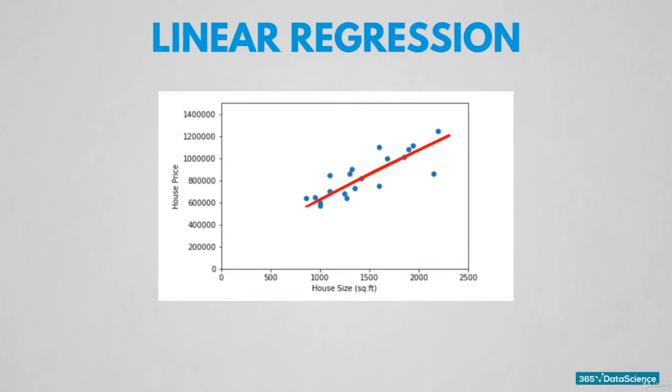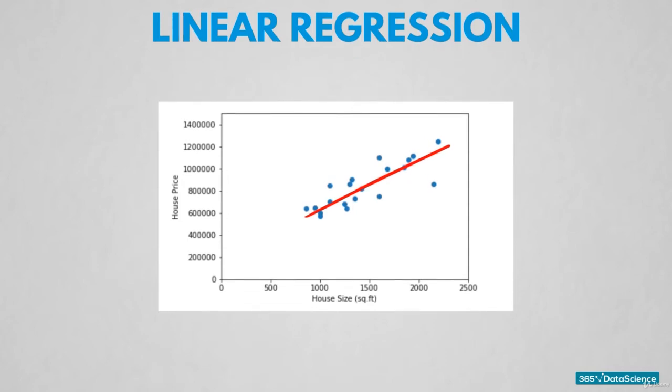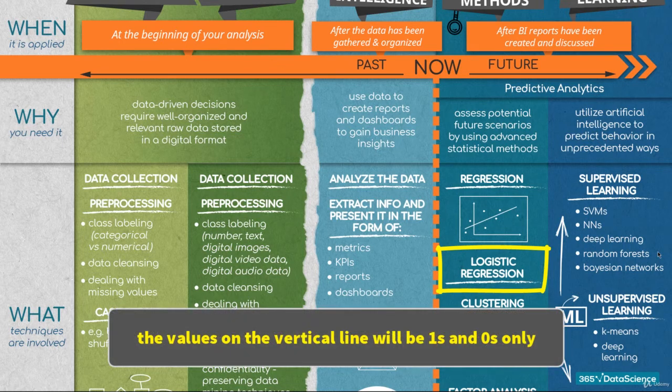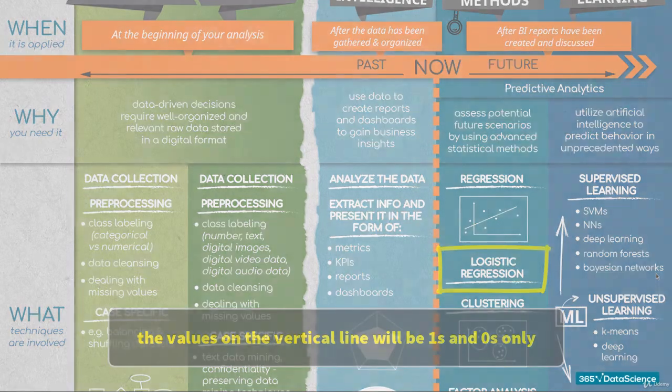Excellent! So, naturally, if there are linear regression models, there must be nonlinear ones as well. True? Correct! A logistic regression is a common example of a nonlinear model. In this case, unlike the house prices example, the values on the vertical line won't be arbitrary integers. They'll be ones or zeros only. Such a model is useful during a decision-making process. Let's elaborate on that.